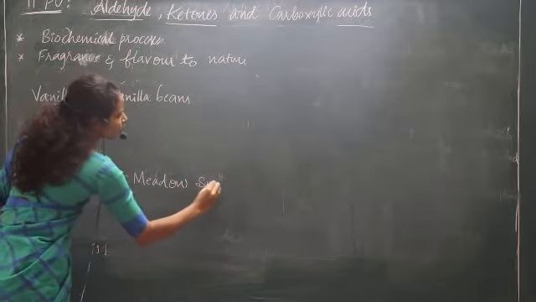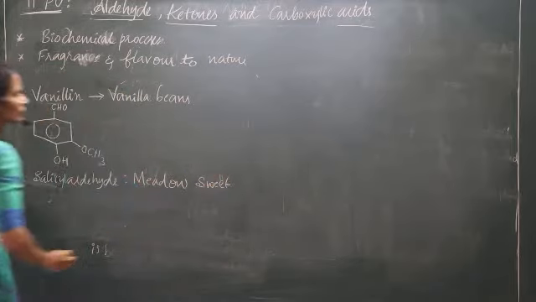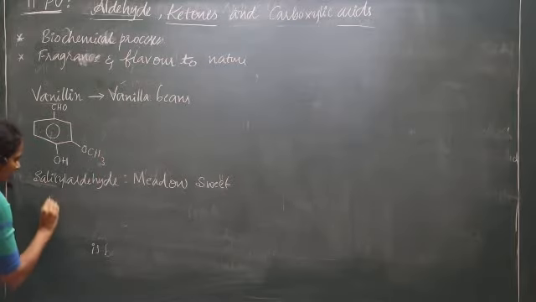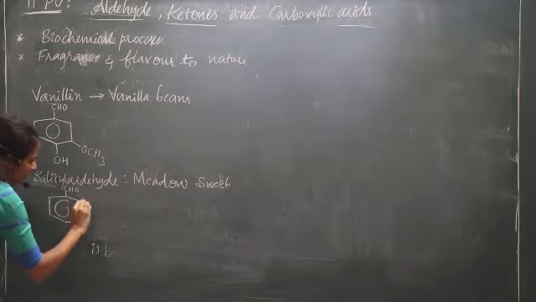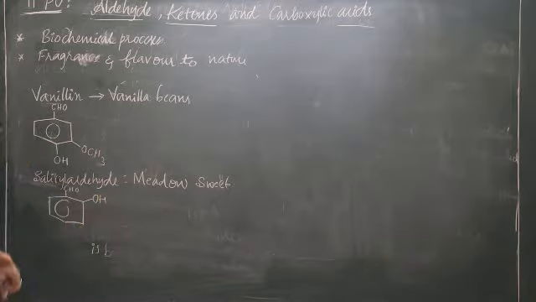The structure of salicyl aldehyde is: here it is CHO, and at the ortho position an OH group. This is about salicyl aldehyde.